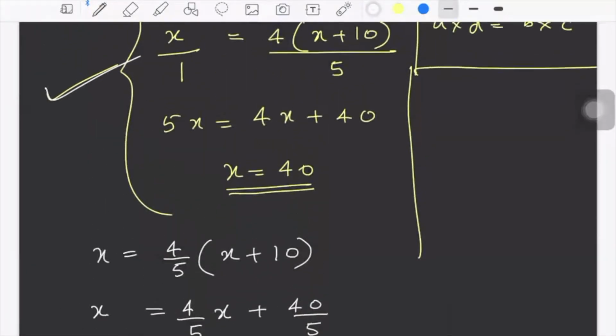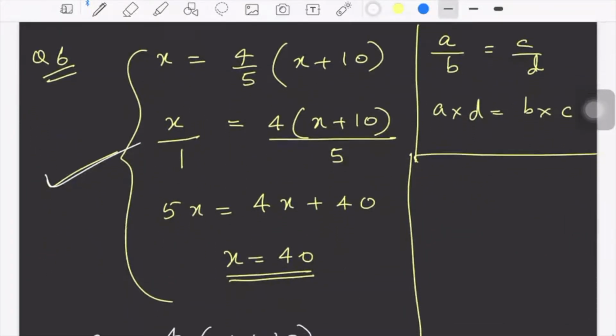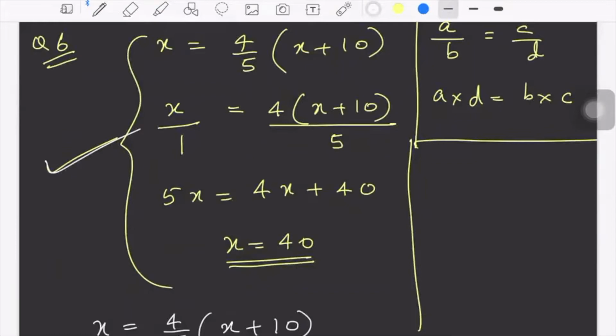So you do realize that a lot of problems can have multiple approaches. You do realize this, right? And in your school exams, the idea is to write as many steps as possible.